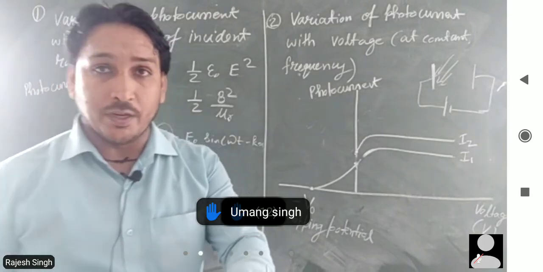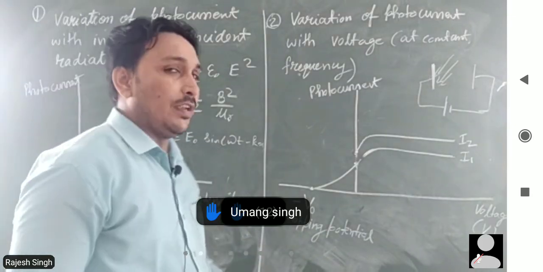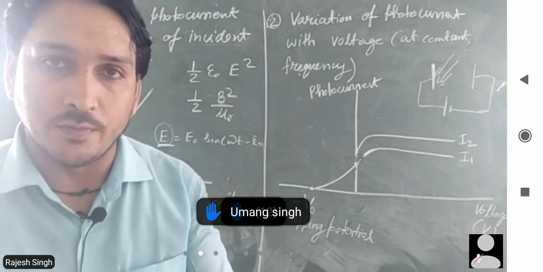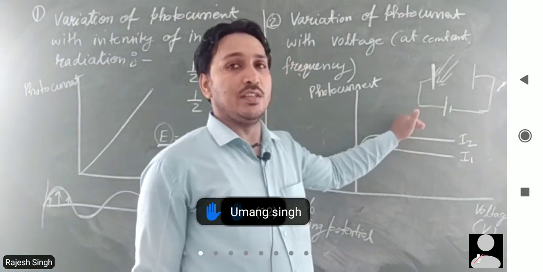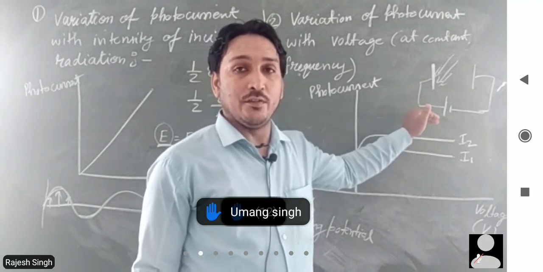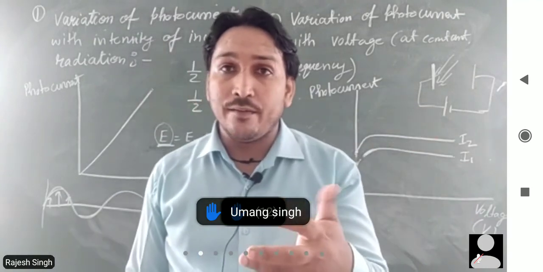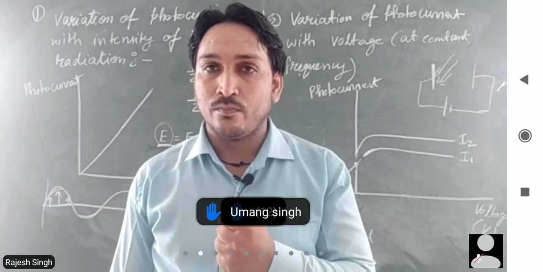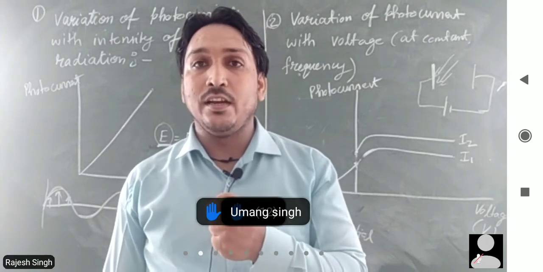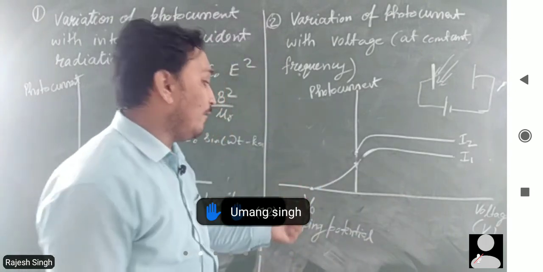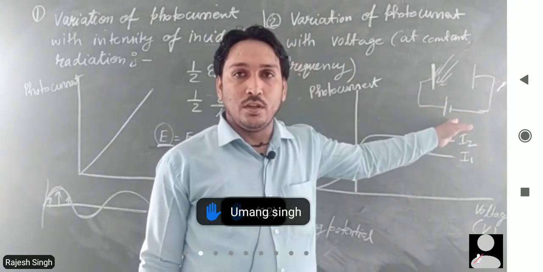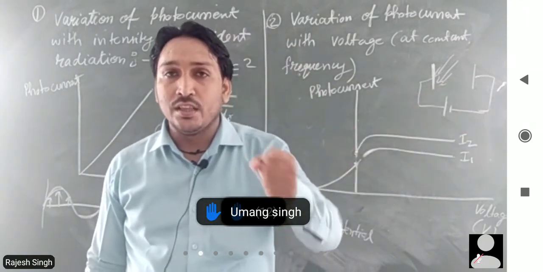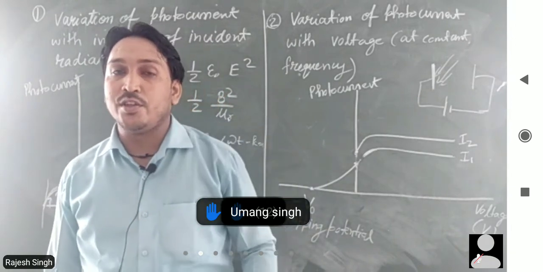But from the wave theory, we expected that since we have increased the intensity, electrons now have higher energy. And if electrons have higher energy, then we have to apply a higher potential to stop the current.